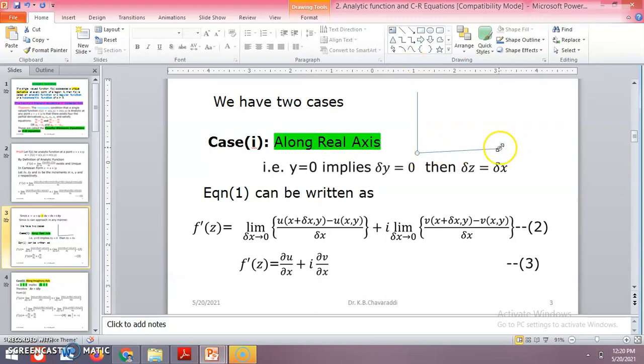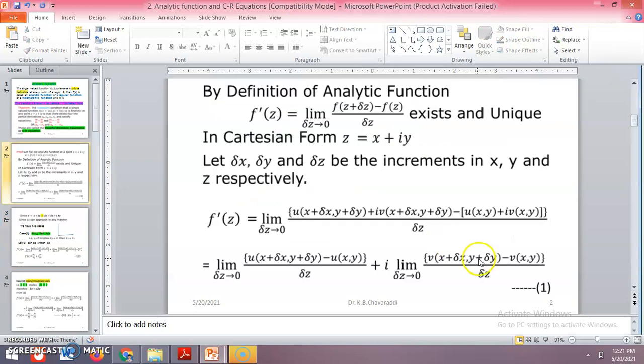Let us first take the variation along the real axis. Therein y is 0, and ultimately delta y also becomes 0. Then delta z becomes delta x only, as delta z is delta x plus i delta y where delta y is 0.